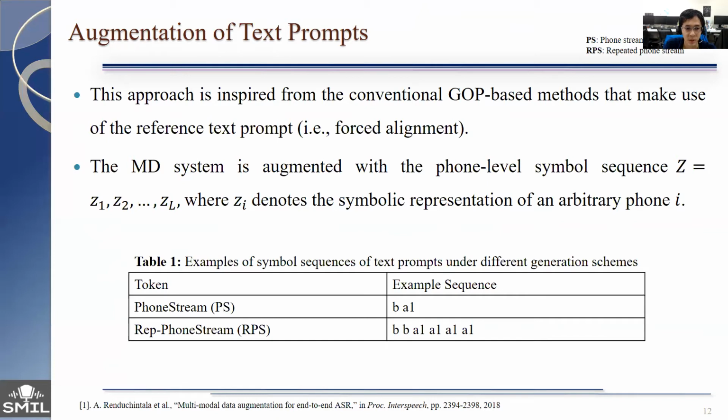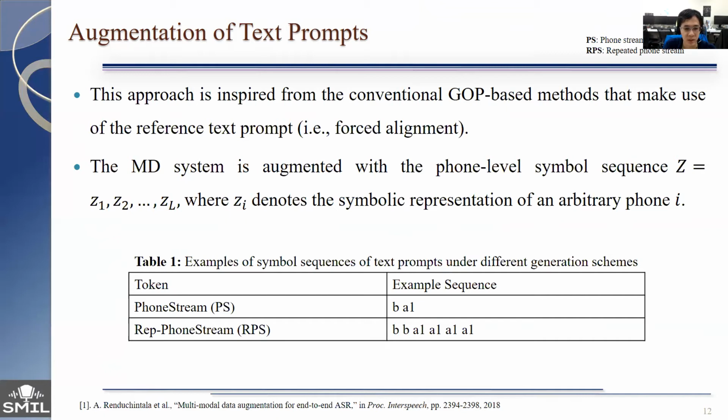To display the instances of the phone label symbol sequence, the phone string and the repeated phone string are highlighted in Table 1. The phone string is a phone label symbol sequence of a text prompt as the input. Now, in the training and the test phase, it is expected that the output sequence of the neural network should be the phone label sequence that a speaker has actually uttered.